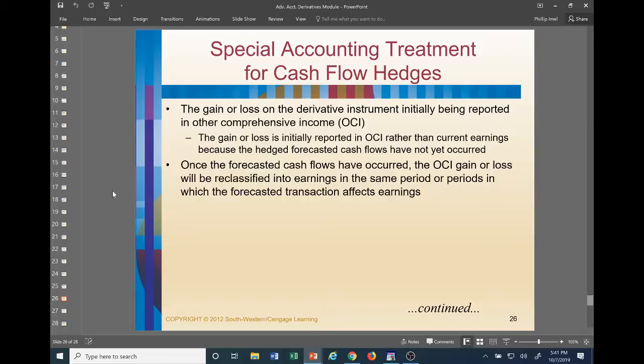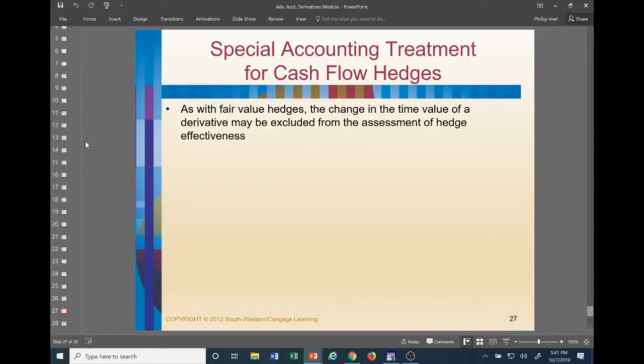And once these forecasted cash flows occur, they're reclassified from OCI into current earnings. As with fair value hedges, the change in the time value of a derivative may be excluded from the assessment of the hedge effectiveness.